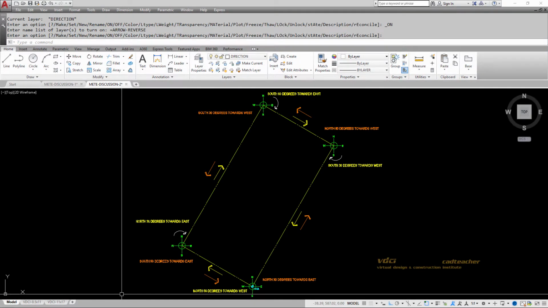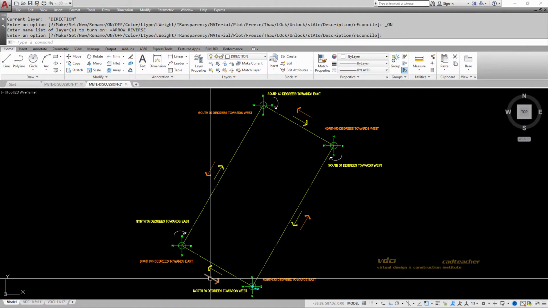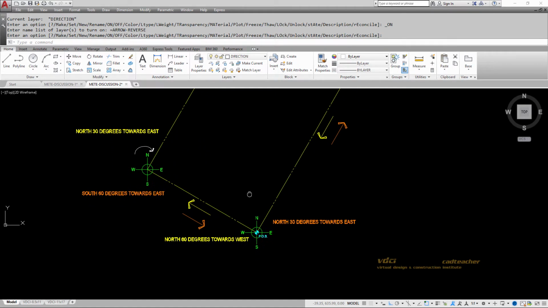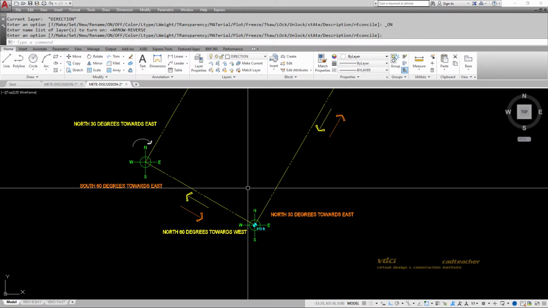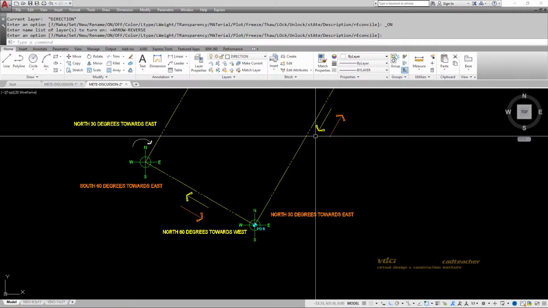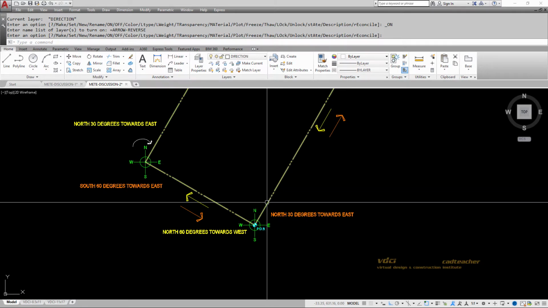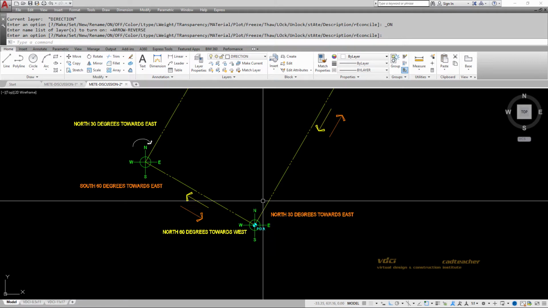What I've just done is I've turned on some layers that show going the opposite way. Everything we've been showing so far has had the path of travel in a clockwise direction. I want to show you instead going in a counterclockwise direction. If I start at my point of beginning, you can see by going in this direction that I'm going to be going north 30 degrees towards east.